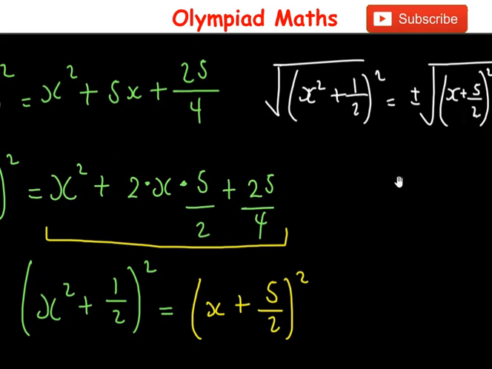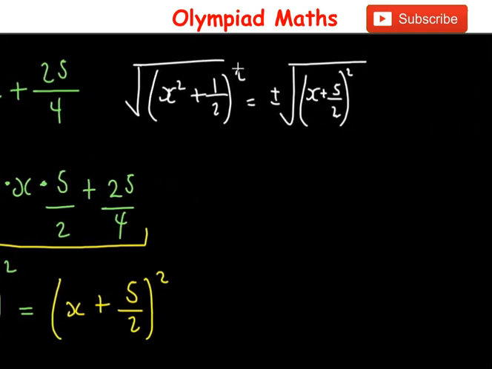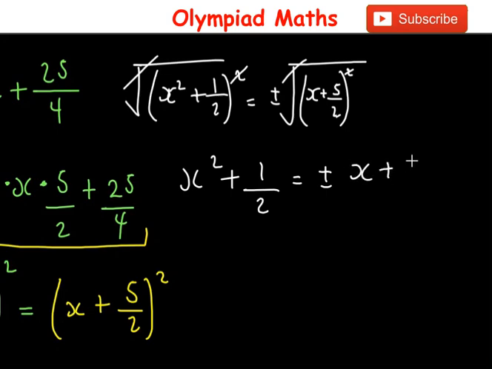From here, we cancel the square root: x squared plus 1 over 2 equals plus or minus, cancelling the square root, x plus 5 over 2.